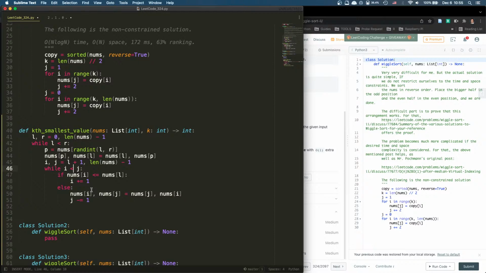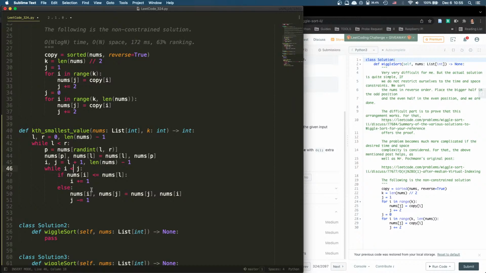The end situation. If nums[i] is smaller, then now we don't swap. If it's smaller, we just keep moving i. So the current value is smaller, so we keep moving i to the next one and we check the next one. If it's larger, then we swap with j, right?